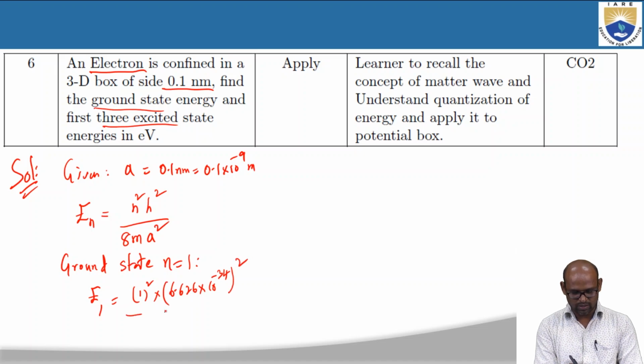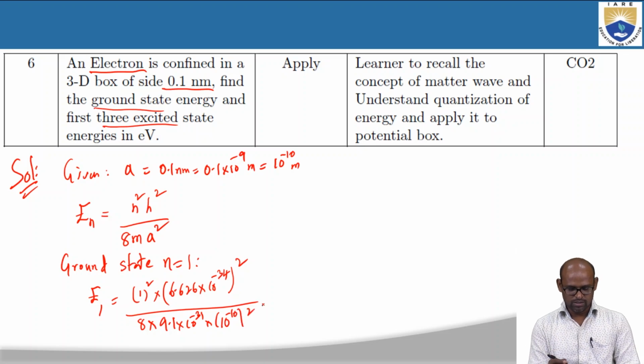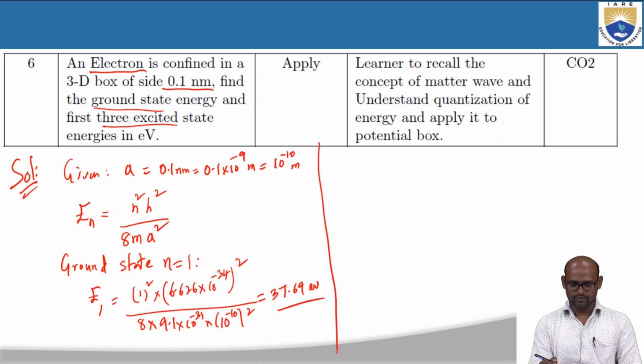So n square h square divided by 8 m, m is mass of electron 9.1 into 10 power minus 31, and a square. a square is 0.1 nanometer, I can write it as 10 power minus 10 meter whole square. Okay. So we will get the ground state energy, that is 37.69 electron volts.